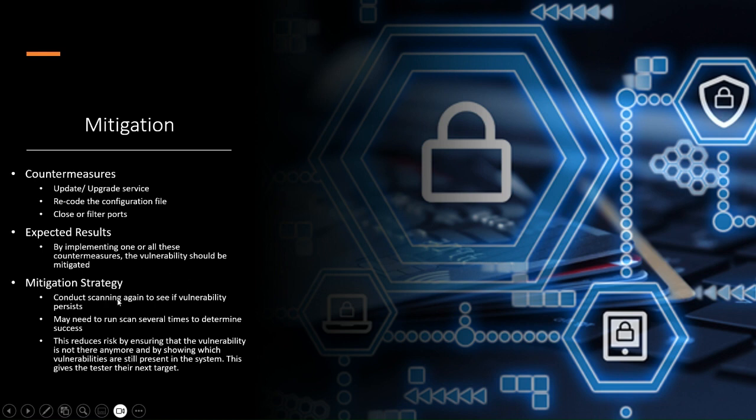And then, of course, my mitigation strategy would be to conduct scanning again to see if the vulnerability persists. May need to run a scan several times just to determine whether it was successful or not. Once I've determined that it is successful, we move on. If it's not successful, then we're going to find out why that vulnerability or that risk still persists.